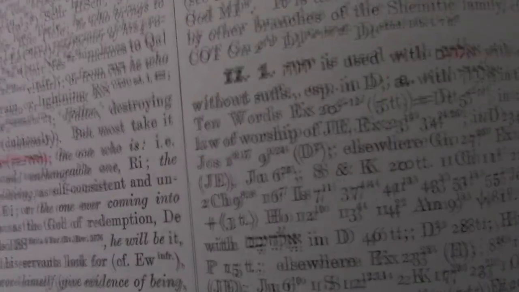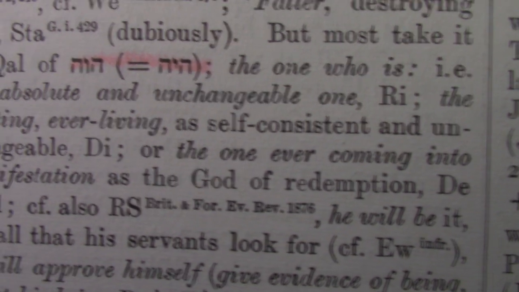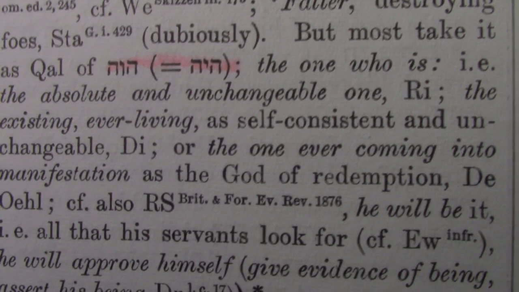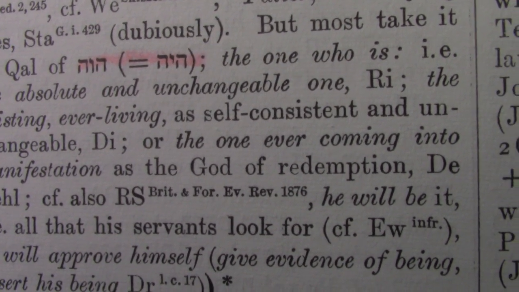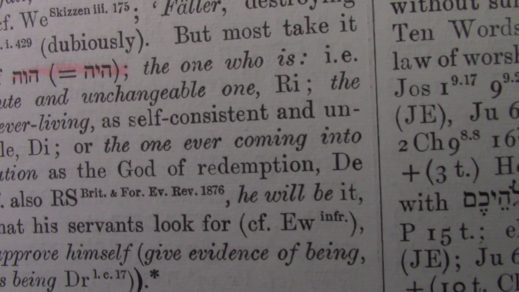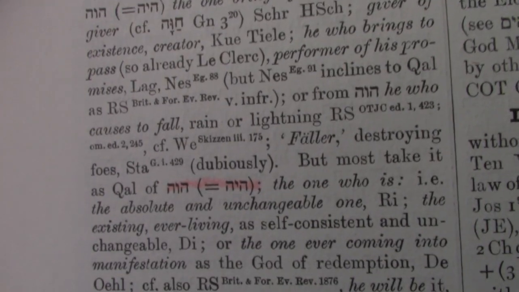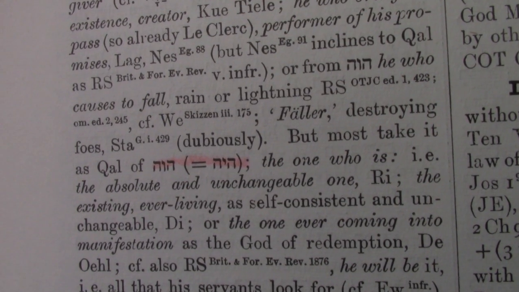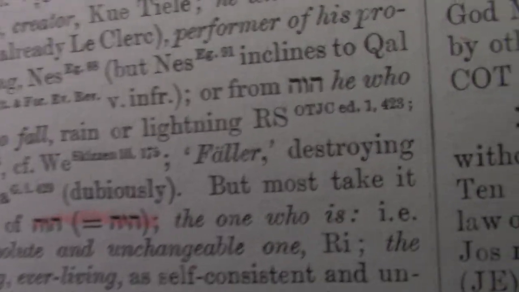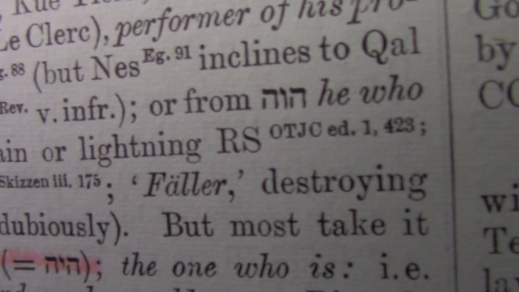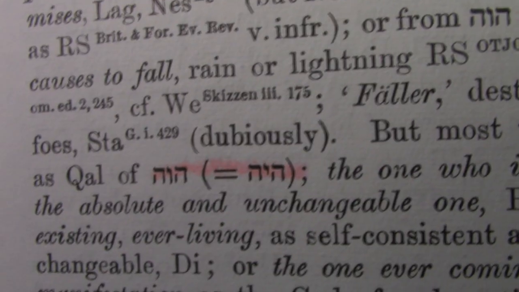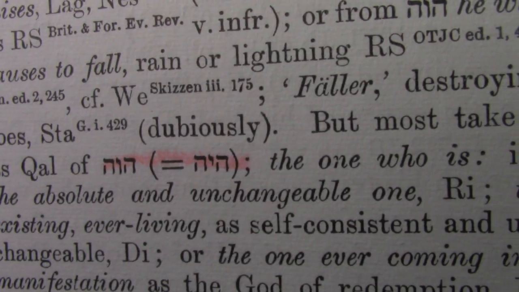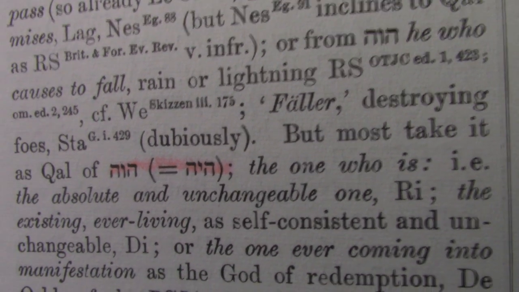Now I got some notes highlighted down here. I'm gonna try to read all this, or some of it. So I have this highlighted, Hawa, and then it says equals Haya, the one who is. Oh wait. It was talking about Hawa up top. I'll just start like right there in the middle. It says, or from Hawa, he who causes to fall rain or lightning.